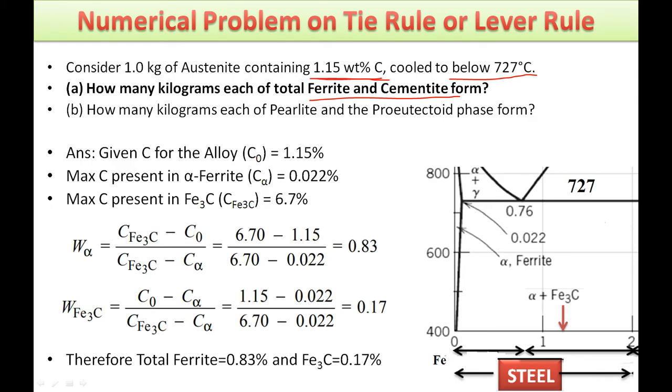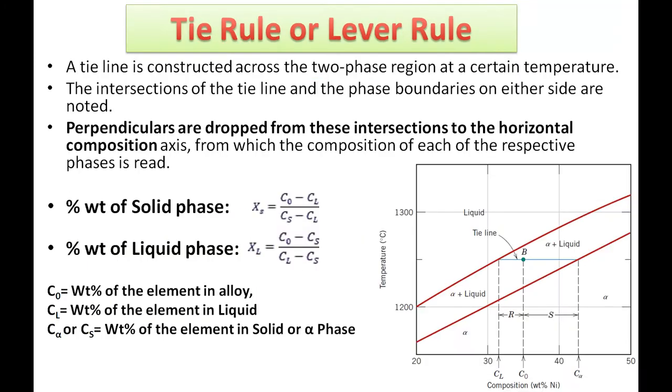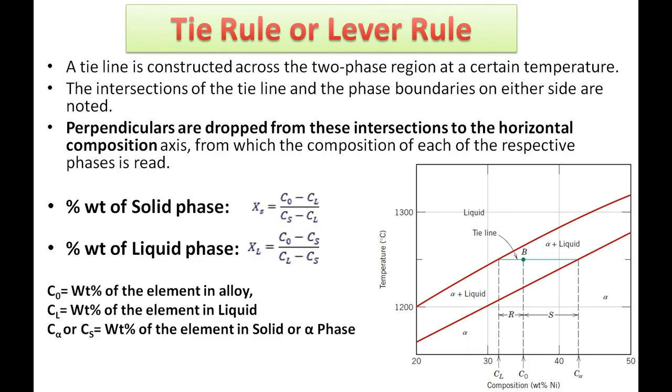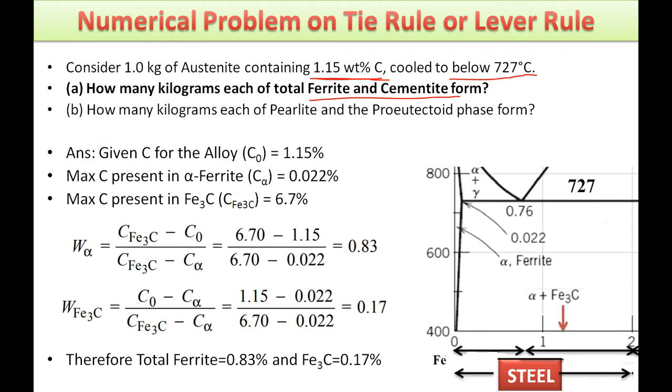This is the question. Now before solving this type of question, you have to know the equation. This equation was discussed in the tie rule in the last lecture. This is the formula. I am using this diagram. Now we have to know the values of C alpha and C0. These are unknown. So if we consider this 1.15% point, and we have to find ferrite and cementite.